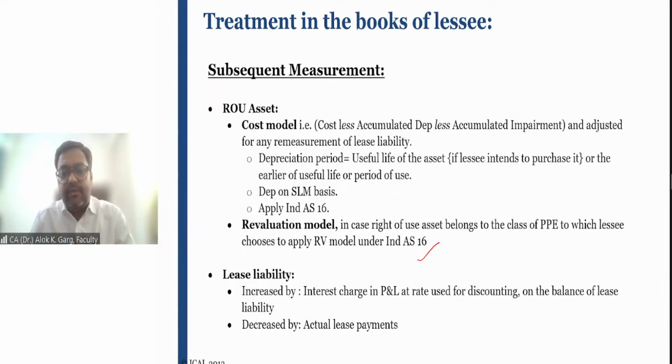Revaluation model means you have to revalue your right of use asset. Now the question arises, sir, in Ind AS 116 I have understood the recognition of right of use asset and lease liability, we have understood.